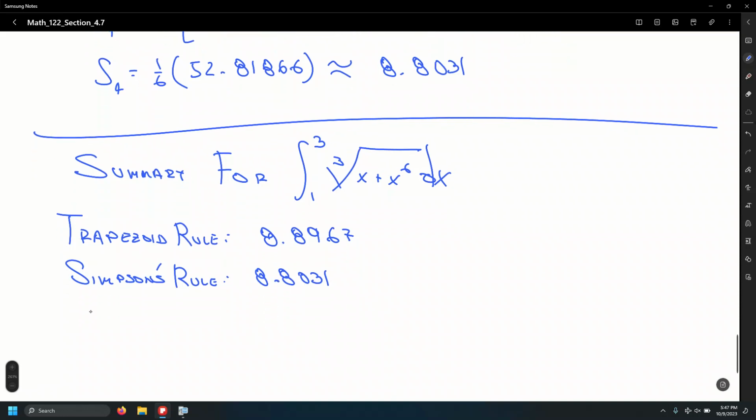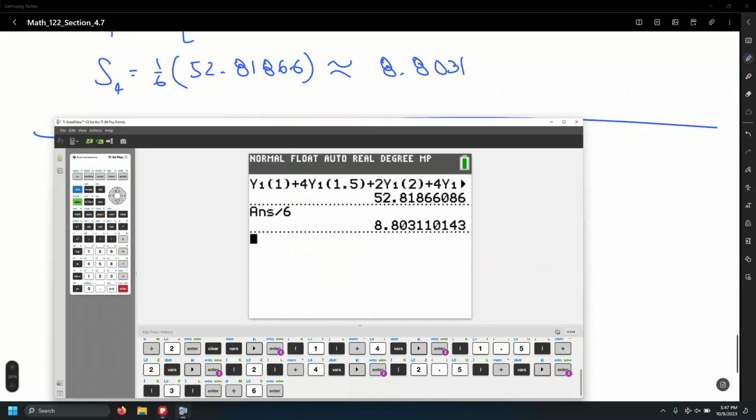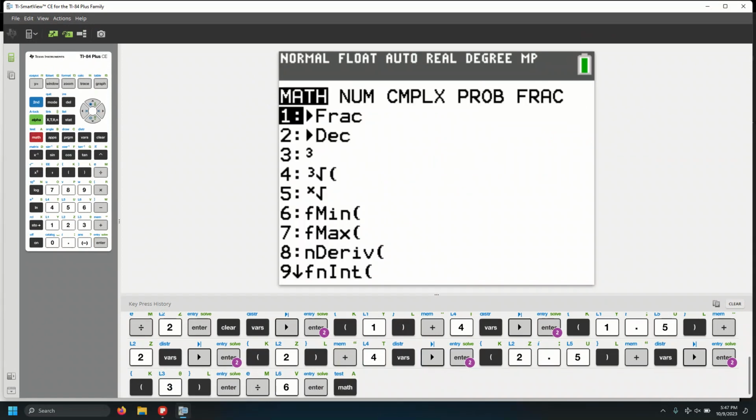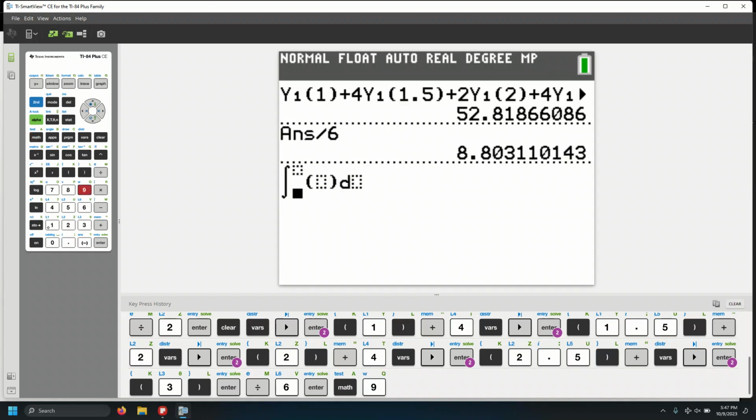All right, and lastly, using FNINT, actually finding the actual value of the integral using the graphing calculator. That's the actual result. So let's go to FNINT. That'll be math, let's go to number 9 for FNINT. That's going to give us the integral from 1 to 3 of, okay, here is where we input the function.